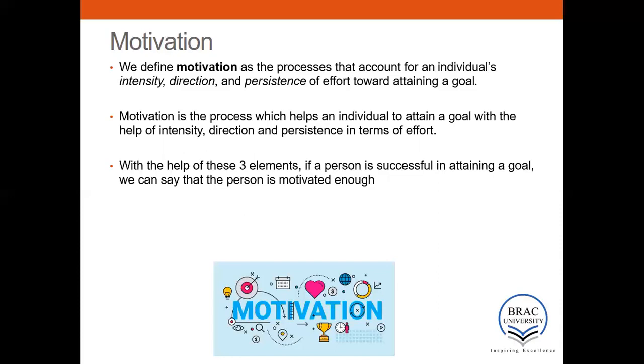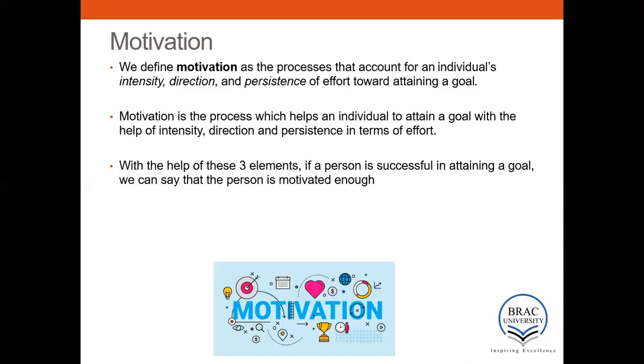So now it gets simple, right? Now it gets easier to understand. Let me give the definition one more time. Motivation is simply a process which will help an individual to attain a specific goal. How? With the help of three elements: number one, intensity, number two, direction, number three, persistence.